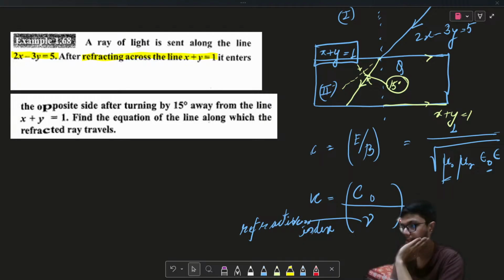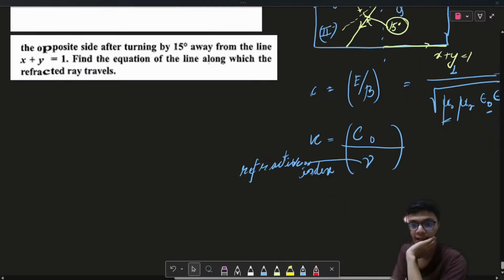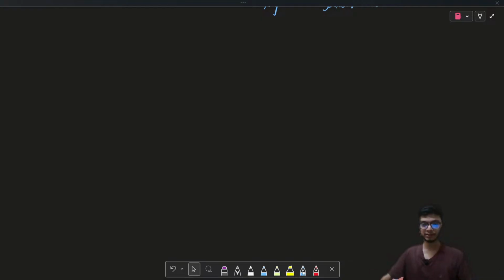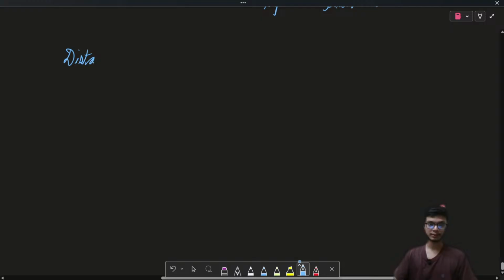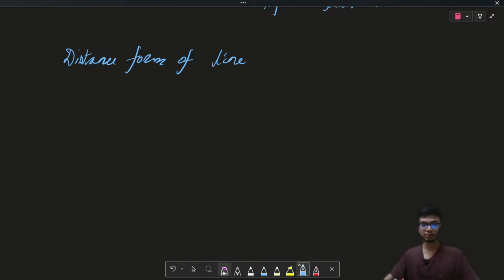So let us now discuss another very important form of writing the equation of a straight line, that is called the parametric form, or distance form. So the distance form of line equation, or distance form of line, or we call this the parametric form.